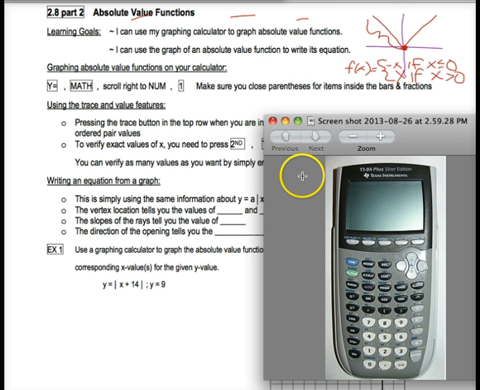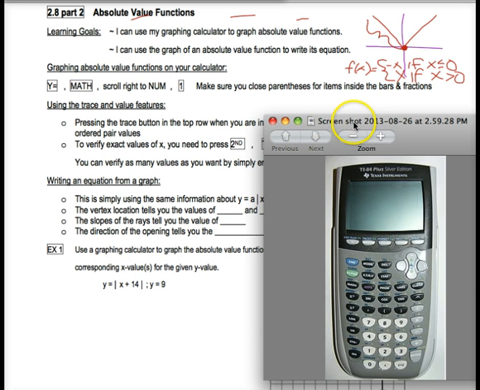If you have a newer model 84, instead of showing ABS on the screen, it actually shows you the bars. So you just have to be careful to make sure that you're really typing what goes inside, inside, and what goes outside, outside by using the arrow keys correctly.